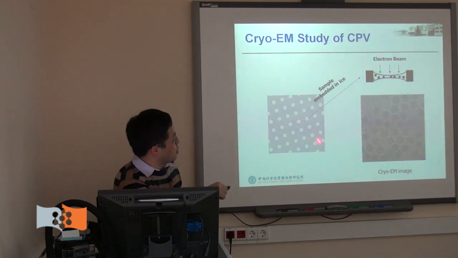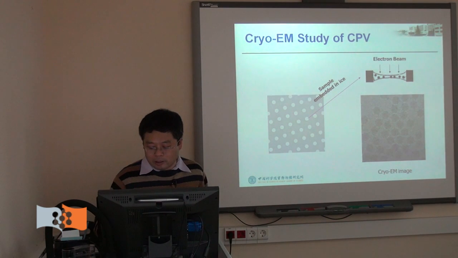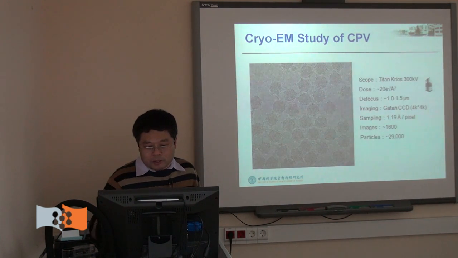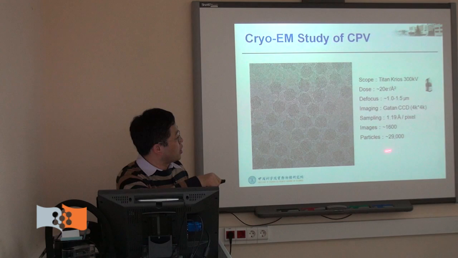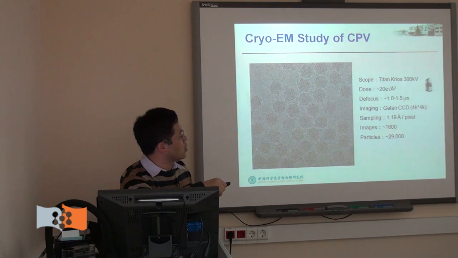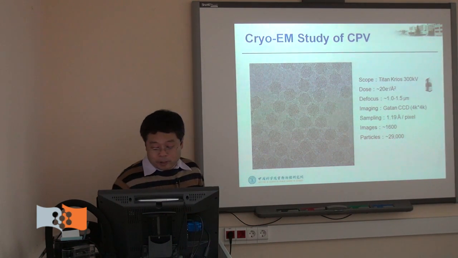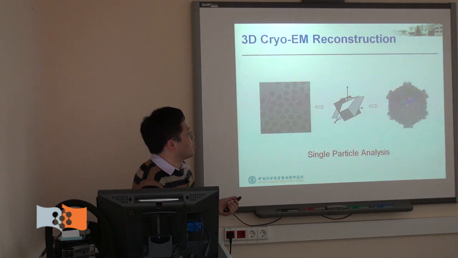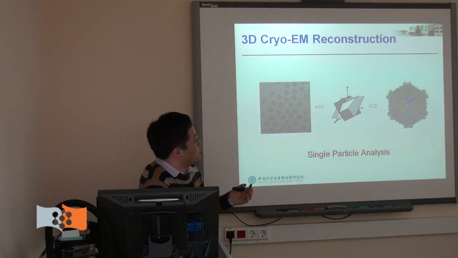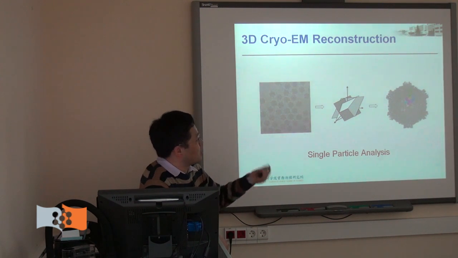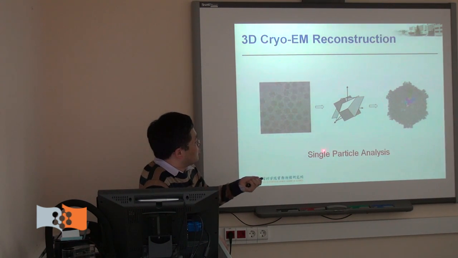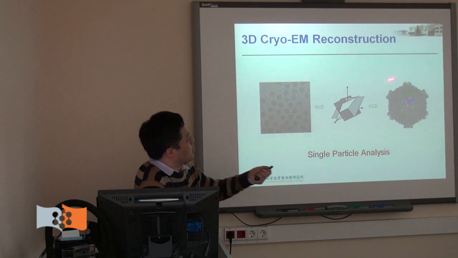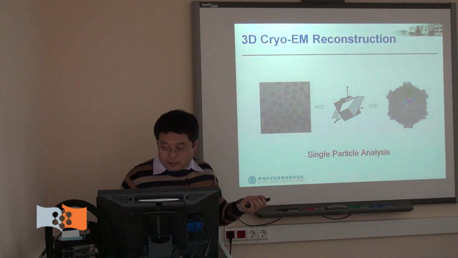We purified a lot of this virus and collected cryo-EM images, around 29,000 particles. Then we used the strategy and principle I introduced in the last session to do the single particle analysis, and we finally got this structure.